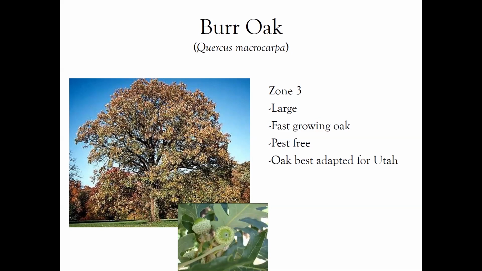The bur oak is probably one of the best adapted for Utah, although there is another one called swamp oak, which is also a great tree. And then English oak also does well here in Utah. And then of course Gamble oak, which can actually make a nice landscape plant, albeit much smaller than any of these other types of oaks.